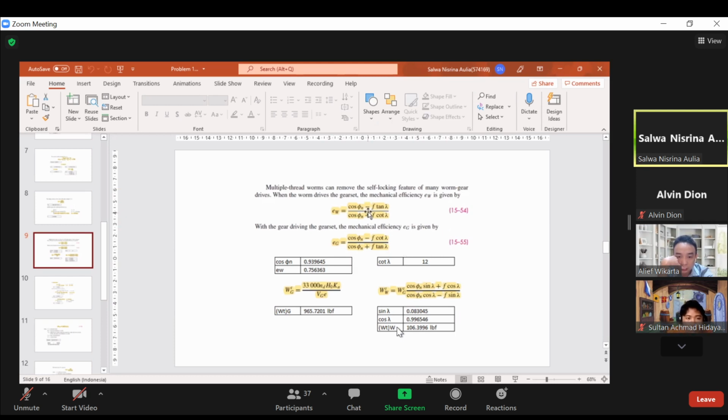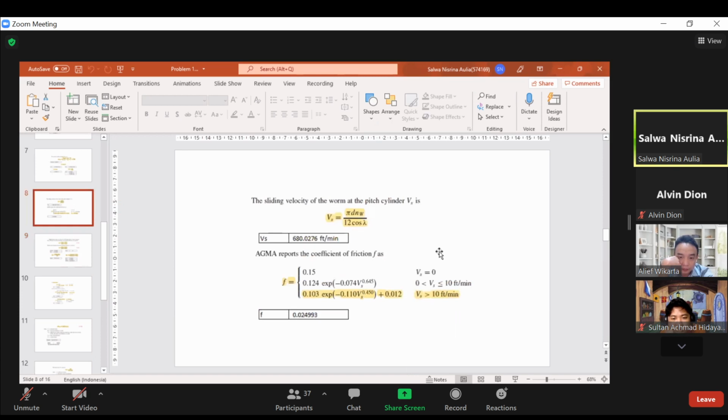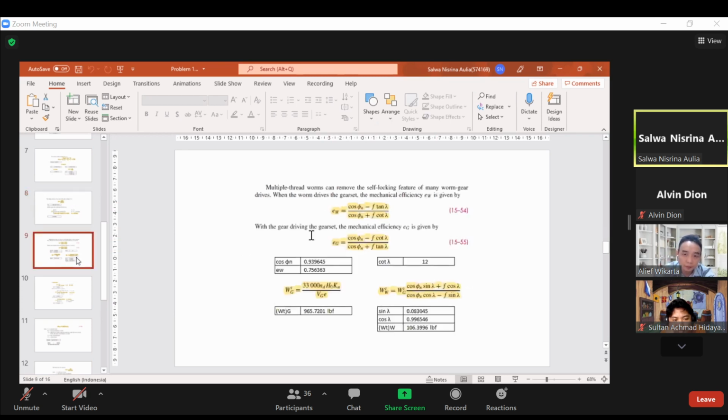So we need to find the coefficient of friction from here, and we calculate from this. Before we know the coefficient of friction, we need to calculate the sliding velocity. That's why we need to calculate this before we can get the efficiency of the worm.